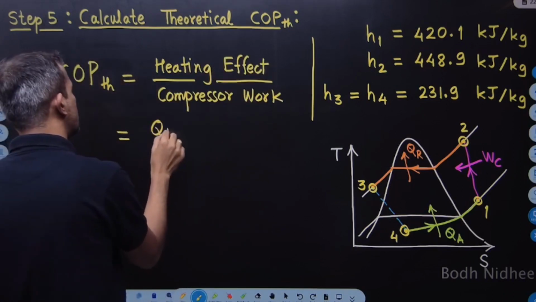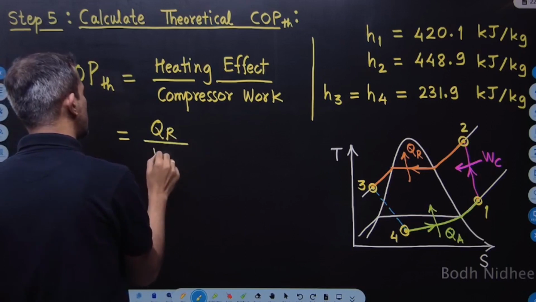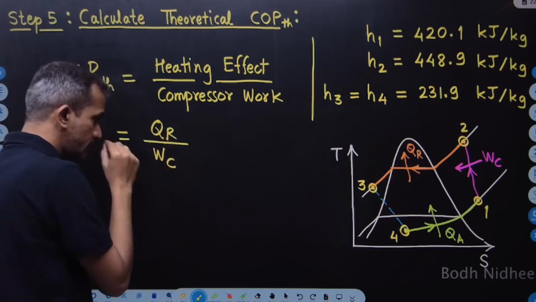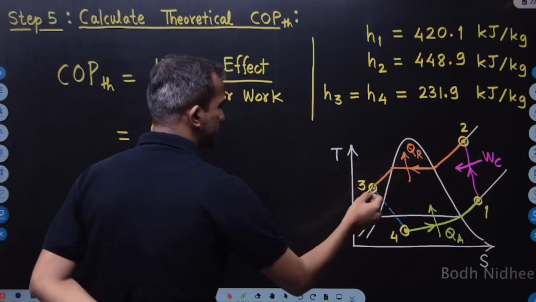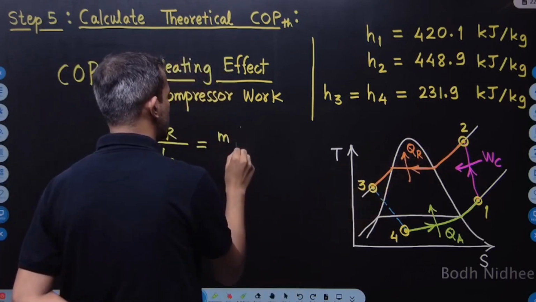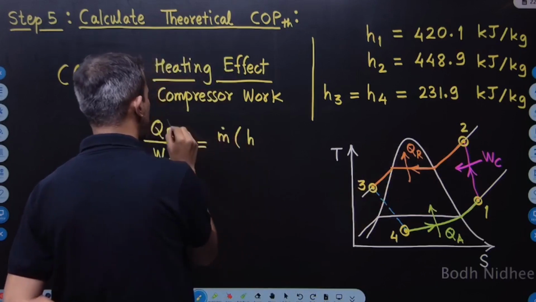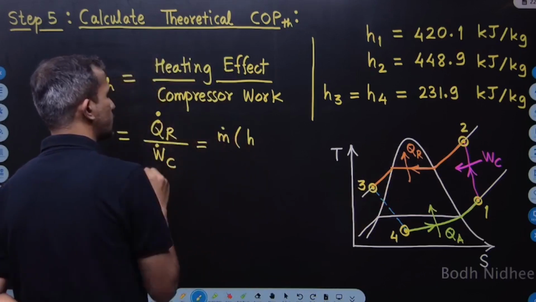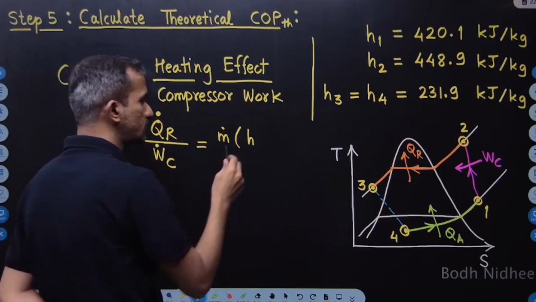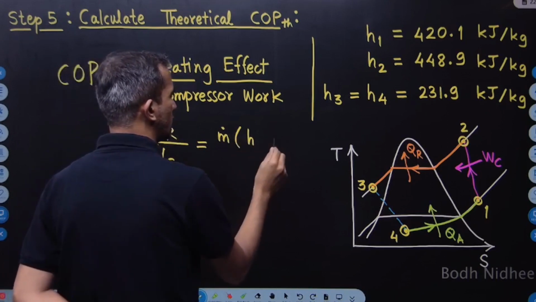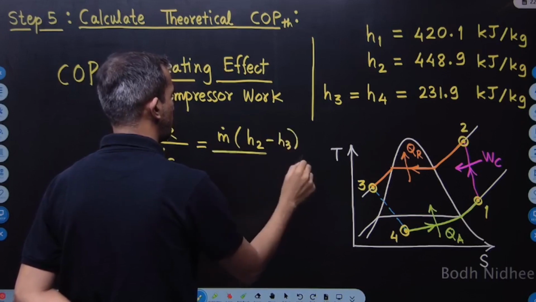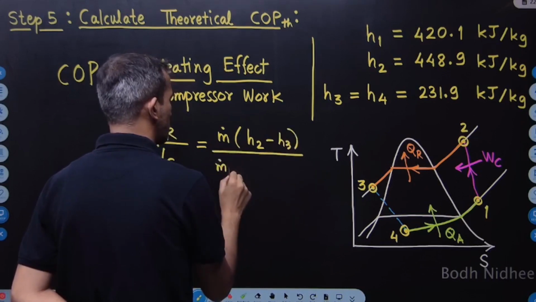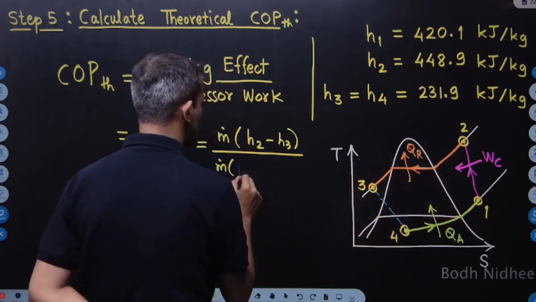So it is QR upon compressor power. What is QR? If I take the rates of heat transfer or work transfer, then Q dot will be m dot into (H2 minus H3), divided by m dot into compressor power (H2 minus H1).